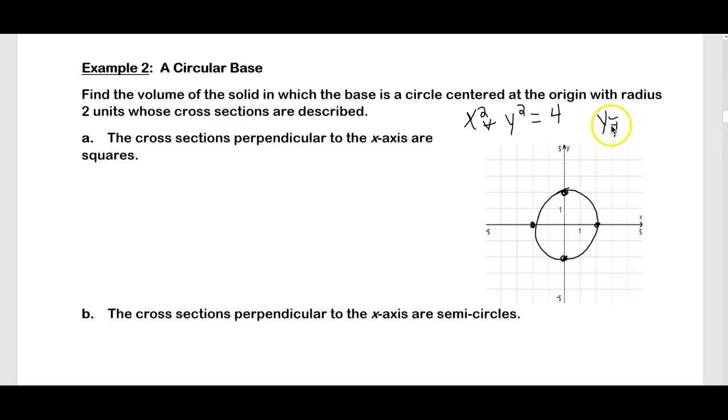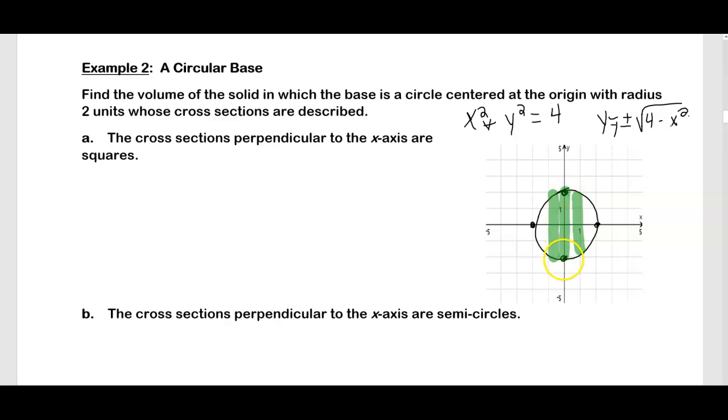Alright, so if you were going to find the distance from the top curve minus the bottom curve, aka the diameter, that would be 2 times the square root of 4 minus x squared.